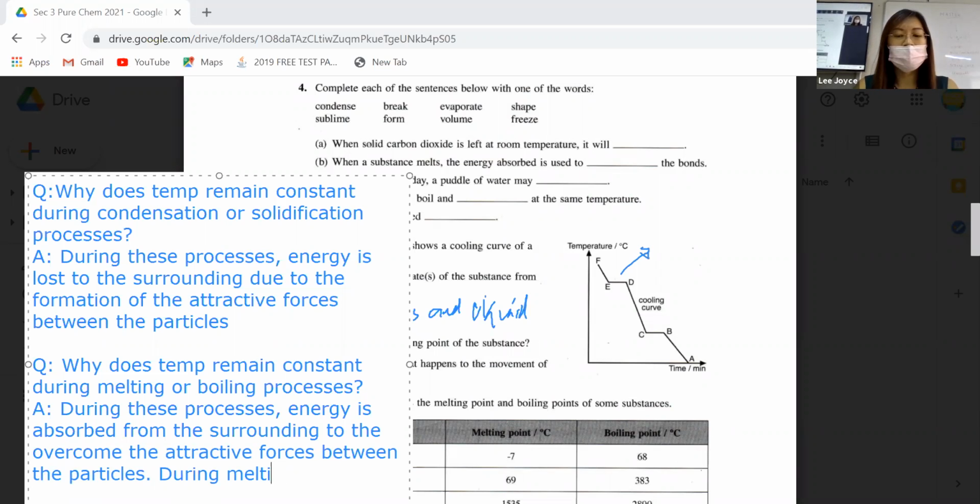You can even further explain what happened during melting. So during melting, the particles are now further apart as compared to that in the solid state.